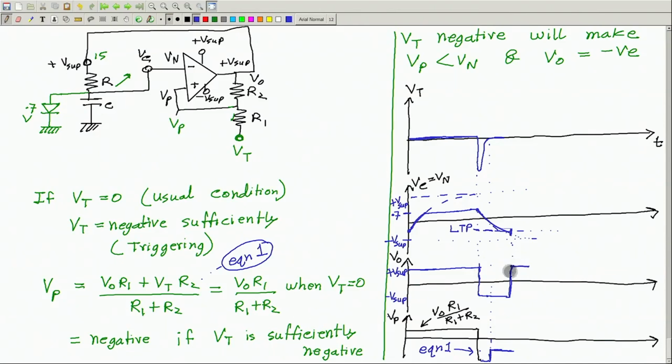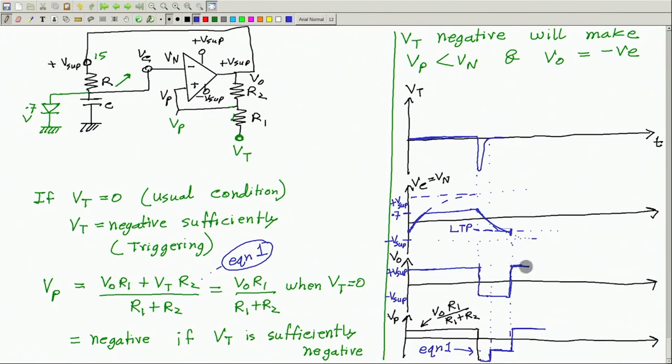And once this output becomes positive, Vp, this voltage will again go back to this value, VO R1 by R1 plus R2, where this is positive V supply. So it will come back here to this height and it will remain there forever.